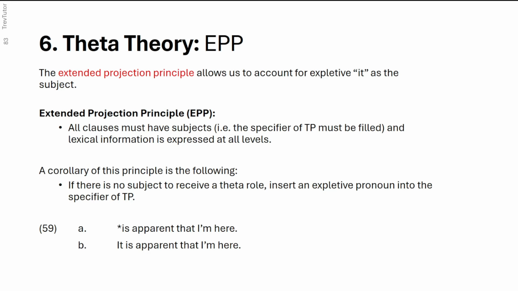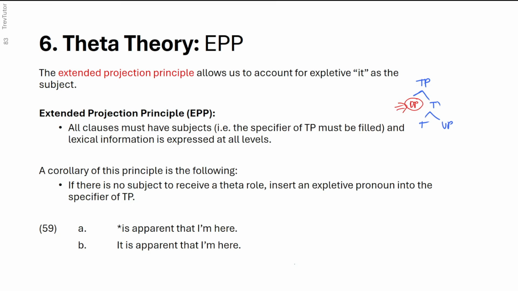What this means is that if we have a tense phrase with a T bar and T and some sort of predicate verb phrase, the specifier position has to be filled. In other words, we need to insert a DP into that position in order to make a sentence grammatical. If there is no subject, like let's say we have a sentence like 59A, which is ungrammatical, is apparent that I'm here.